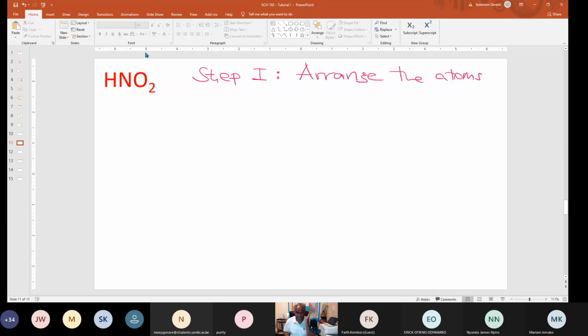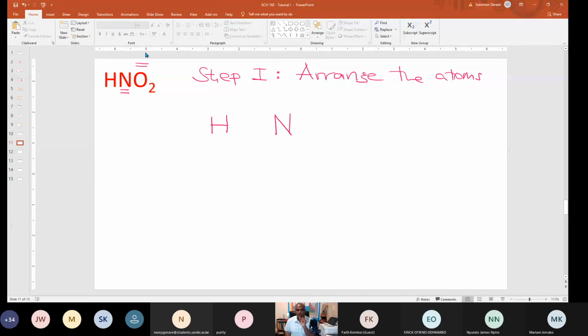Now, we have hydrogen. We know hydrogen is on the outside. Now we have nitrogen and oxygen. Between nitrogen and oxygen, which one should be at the very center? Nitrogen, because nitrogen is less electronegative than oxygen.